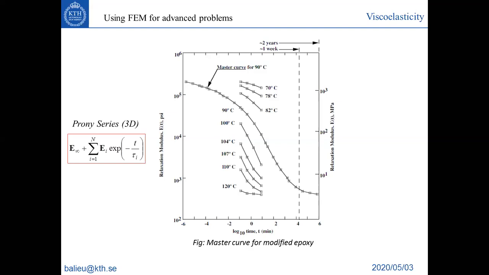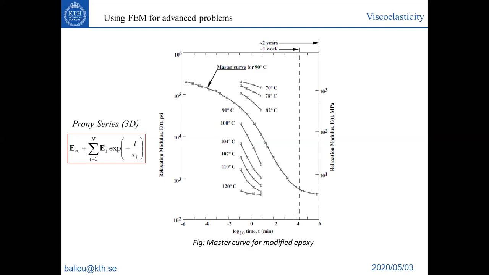So if you fit this master curve with this model, here you can deduce the E infinity, and if you take the sum of E infinity plus all the Ei, you also get what we call E0, the instantaneous modulus.